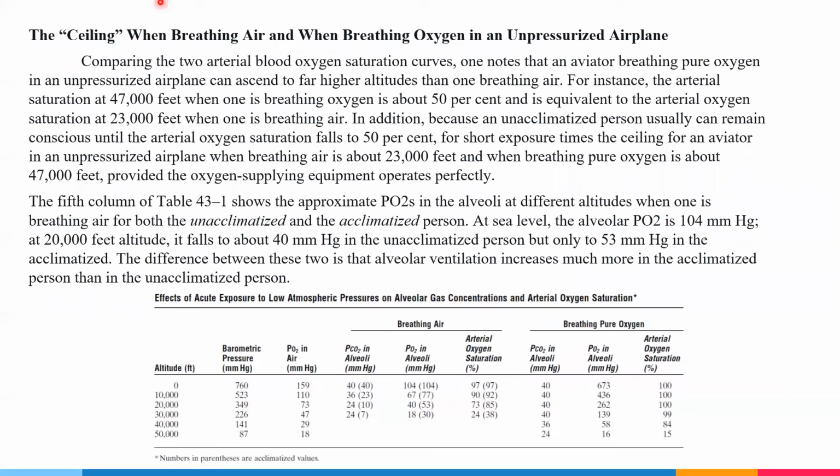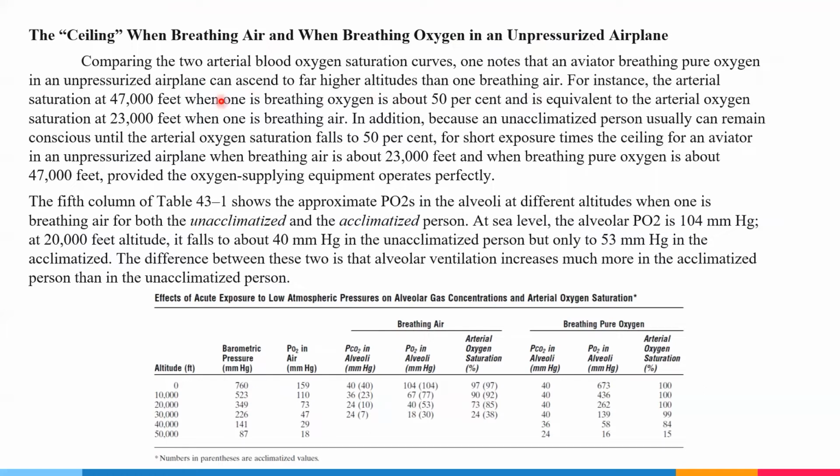Next, we'll look into the ceiling when breathing air and when breathing oxygen in an unpressurized airplane. Comparing the two arterial blood oxygen saturation curves that we just saw, one notes that an aviator breathing pure oxygen in an unpressurized airplane can ascend to far higher altitudes than one breathing air.